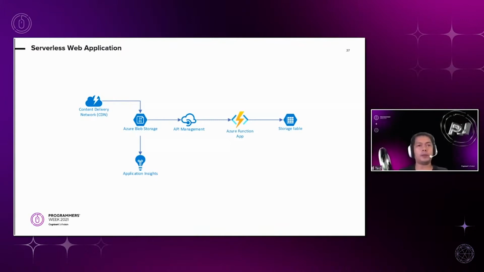What happens is the content delivery network will identify the nearest location, or edge location, to that user. It will grab all the files or all the contents of your web application from the origin, which is the Azure Blob Storage in our case, and store it there.